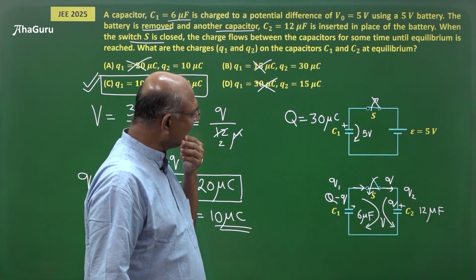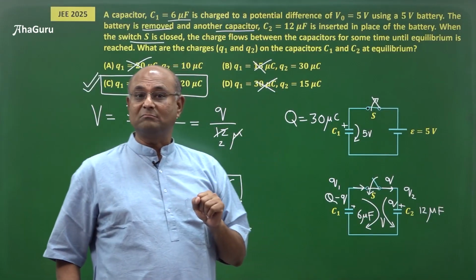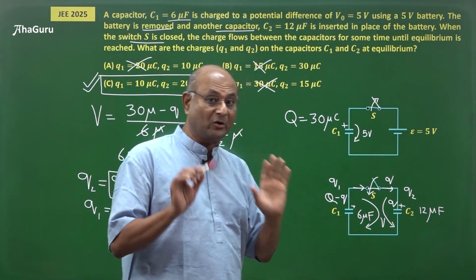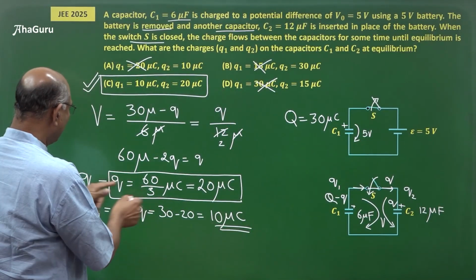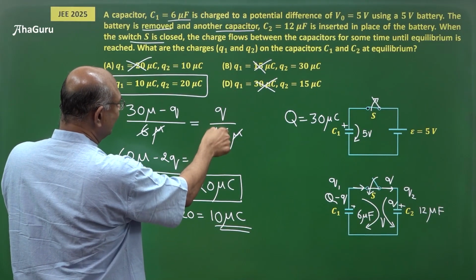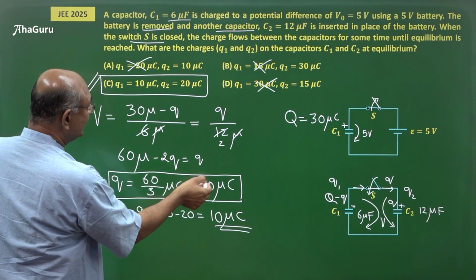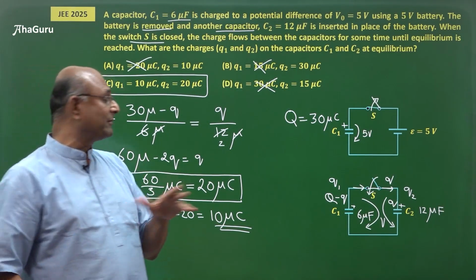But I could have also said the total charge is capital Q, which I already know. By the way, if I now use the fact that small q is 20, I could have substituted that here and found V. I could have found out that V is 20 microcoulomb divided by 12 microfarad. They have not asked us, but we could have done that.